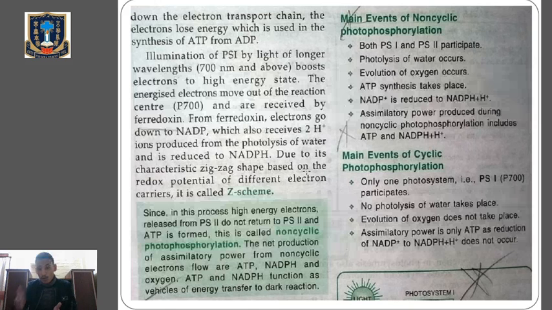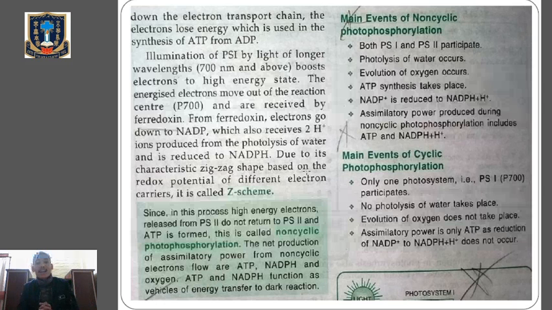But in PS1, when the electron is moving downhill through the electron transport system, that electron is utilized for the formation of NADPH from NADP. So from ferredoxin, electrons go down to NADP, which also receives 2 hydrogen ions produced from photolysis of water and is reduced to NADPH.